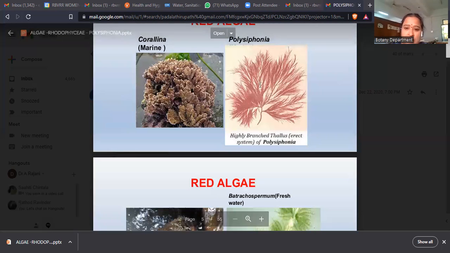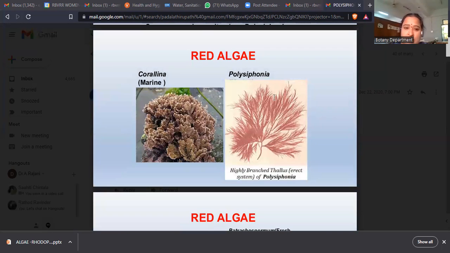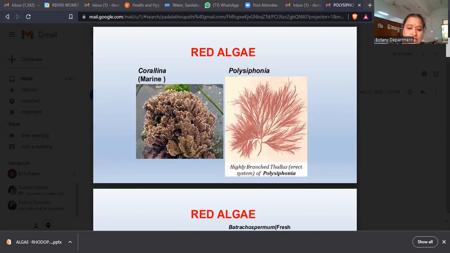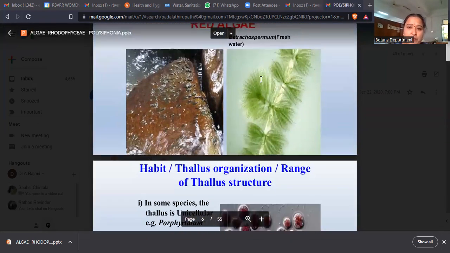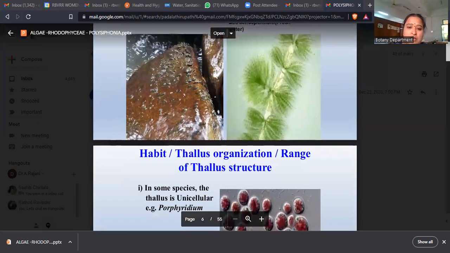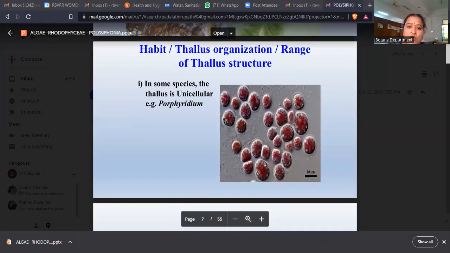There are Corallina and Polysiphonia, but in the degree level study, you study Polysiphonia only. This is a highly branched thallus. What type of thallus is there? See, this one is Polysiphonia, another picture is Brachysiphonia, and this one is Porphyridium.